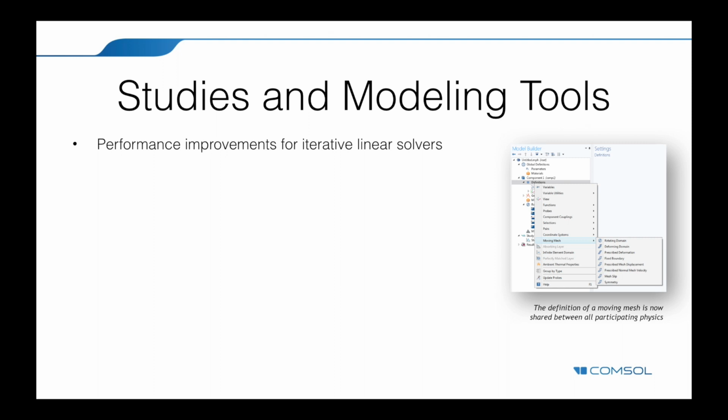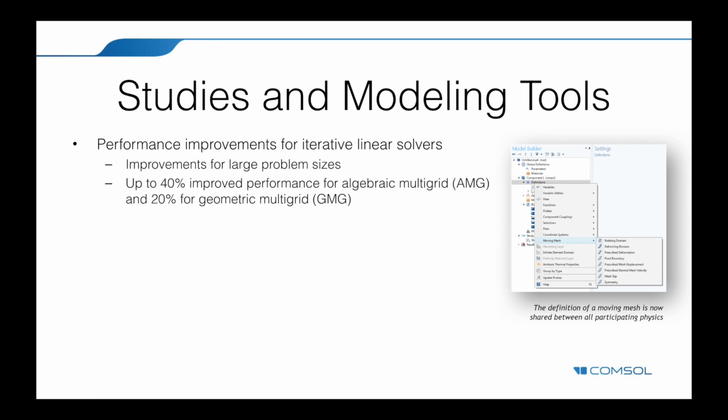For the studies and modeling, for a few years now we have had an algebraic multigrid solver, a type of iterative linear solver that can be used for a number of applications. The most important one is CFD. Since the last 5.3 release, we have seen up to 40% performance improvements.